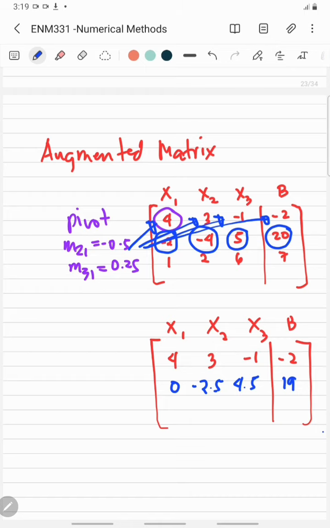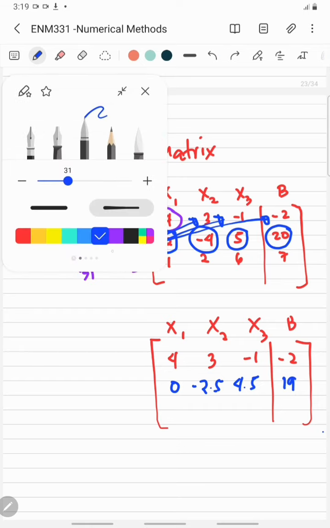For the third row, we have 1 minus 0.25 times 4. I have to change the color.